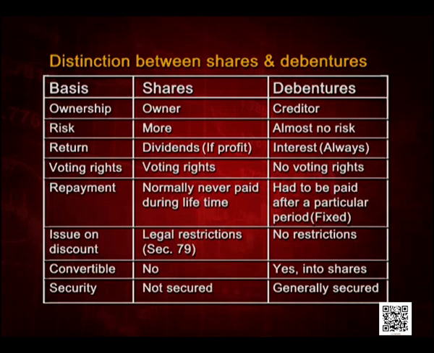It is a very important distinction between shares and debenture. Shareholders are the owners, whereas debenture holders are creditors. If we see the risk point, in shares the risk is more, whereas in debenture there is almost no risk, because you are assured about the interest payment whatever may be the case.